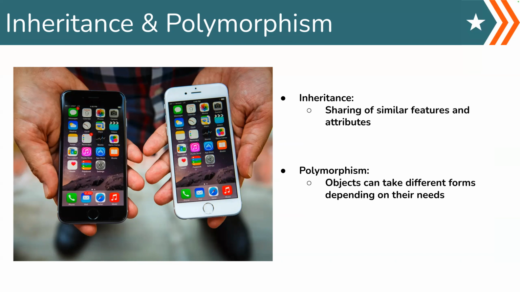For instance, I might have an iPhone SE and someone else might have the new iPhone, I don't know, 14 or whatever, and someone else might have an Android, but all of our phones can make a phone call. Maybe what happens is a little different because each phone has a different form, but we all can make a phone call.